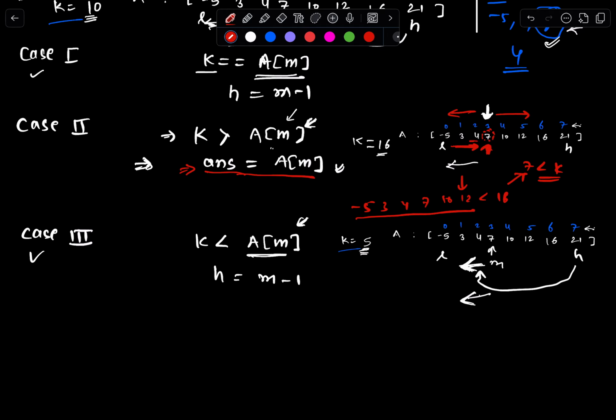It isn't required to check 4, because 4 can't be the answer if 7 is the answer, right? So my answer could be here as well, not 16, only till here. So I have to search on the right side. If I have to search on the right side, my L should come here. That's it.